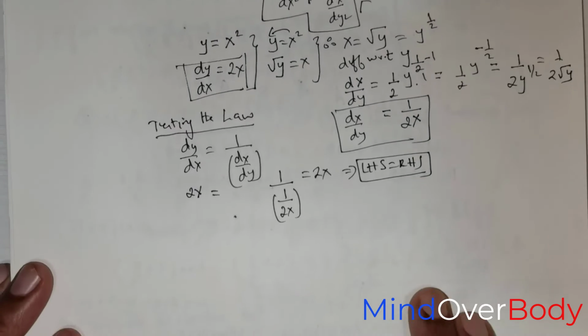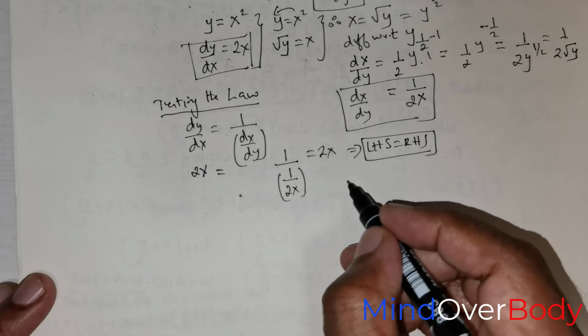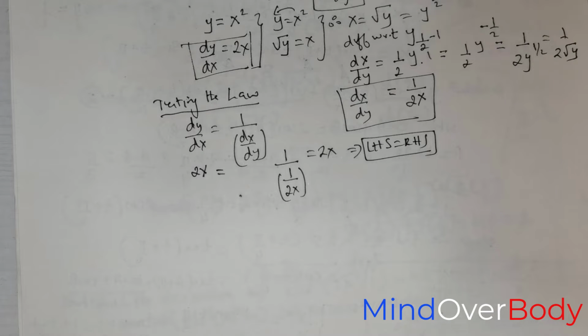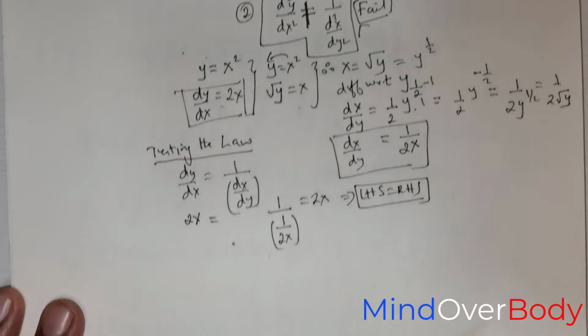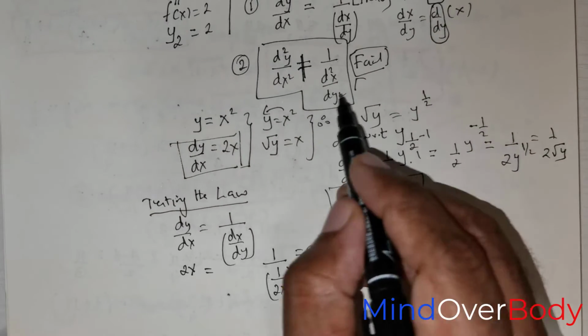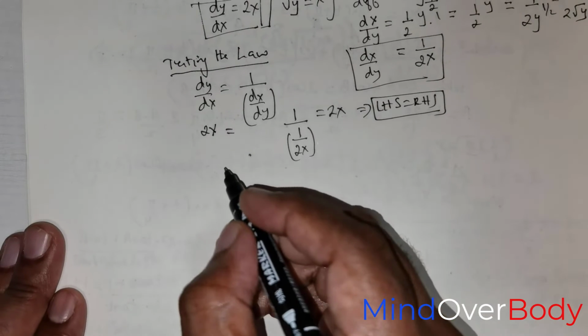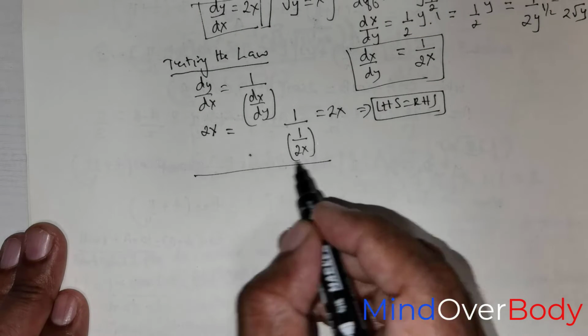Now the next point, as I mentioned to you, is to find out if d squared y over dx squared is equal to 1 over d squared x over dy squared. I'm going to show you whether this property really holds good. So let us do that. As I mentioned, we've got two things.